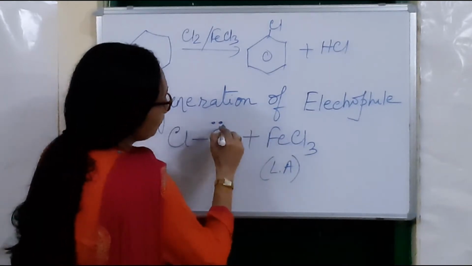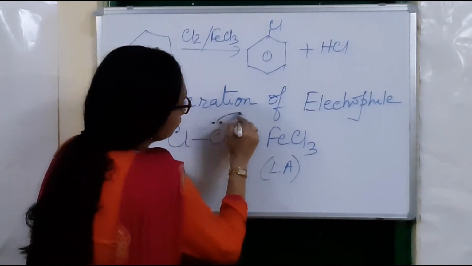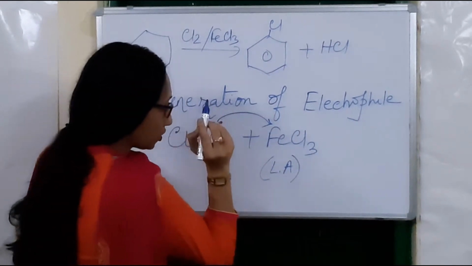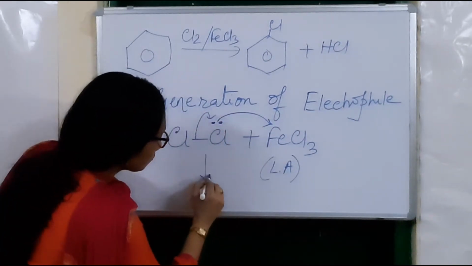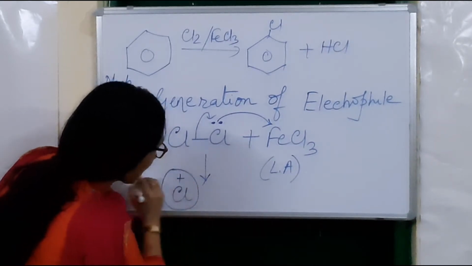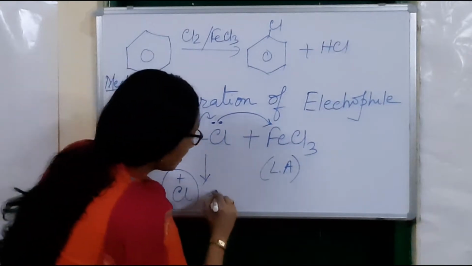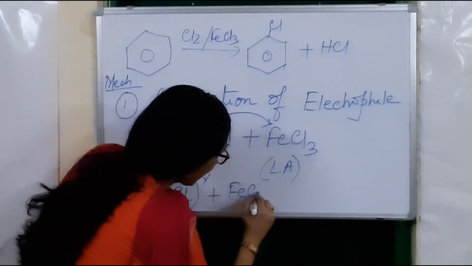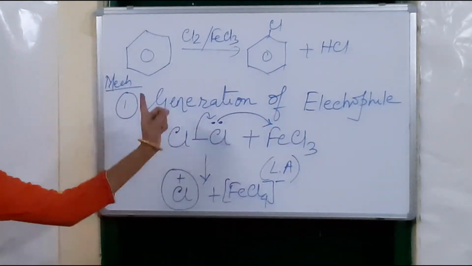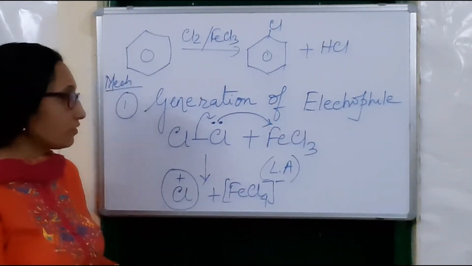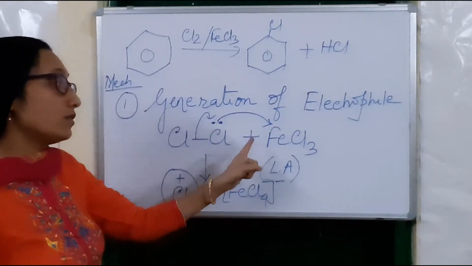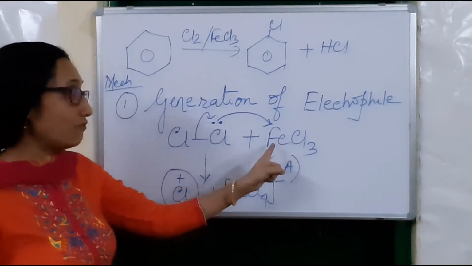Now this FeCl3 will draw electron from here. As a result, this bond will be broken and we will get Cl plus, which is our electrophile, plus FeCl4 minus. So write the first step, the generation of electrophile. So who is helping the generation of electrophile? FeCl3.